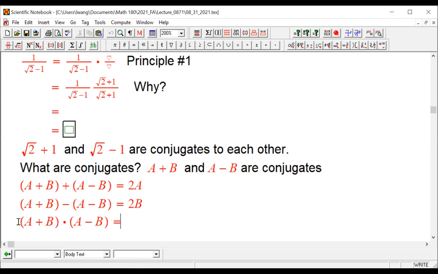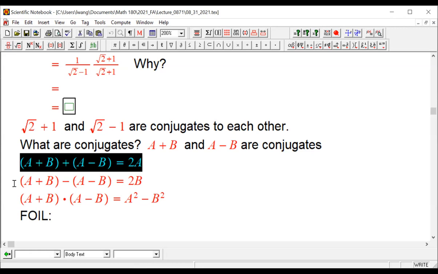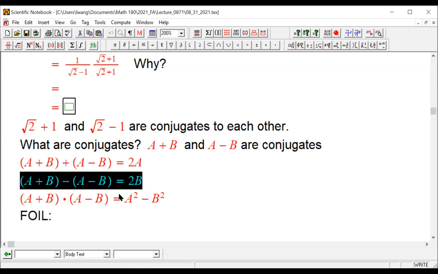A squared minus B squared. That's right. Did everybody get that? Okay, how did you get that? You FOIL. You add, you subtract, you FOIL, and we'll get to use this. Write it down. Do it yourself.